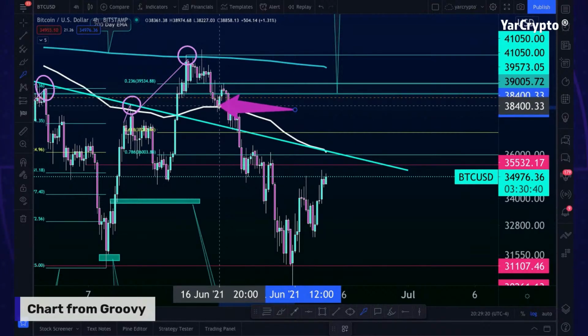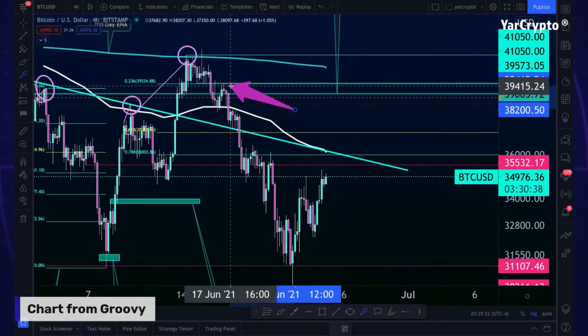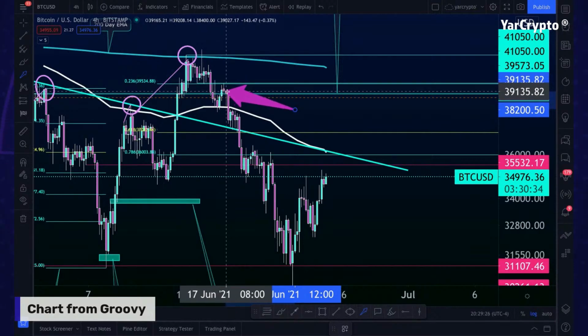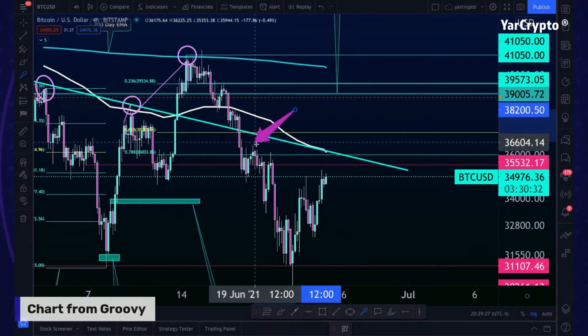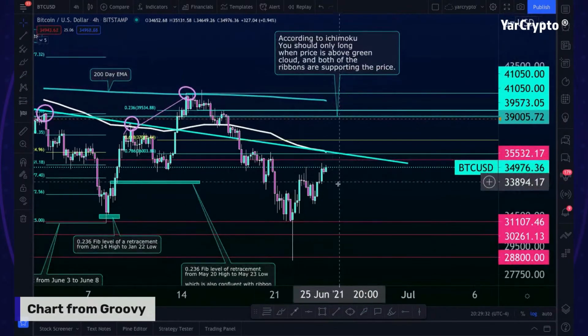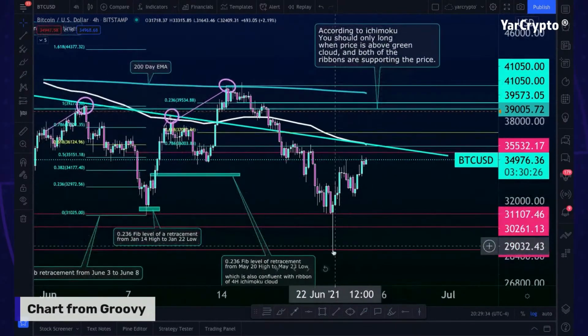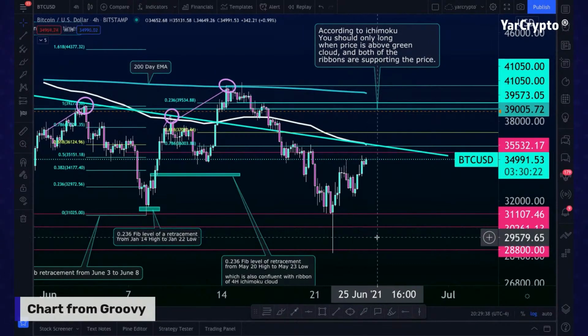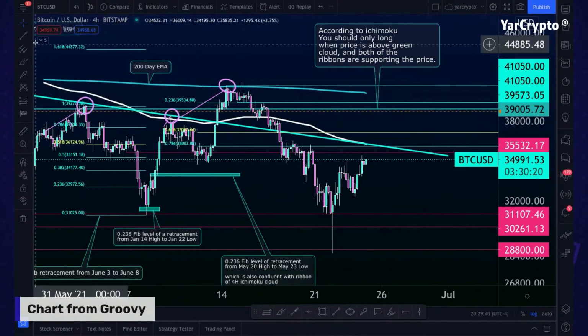And as you can see, we did bounce, get rejected from a fib retracement level, which I'll get into in a second, and then go back under our trend line to lows we haven't seen since before January. We went all the way down to 28.8, 28.7 on some charts. So it's something to keep in mind.